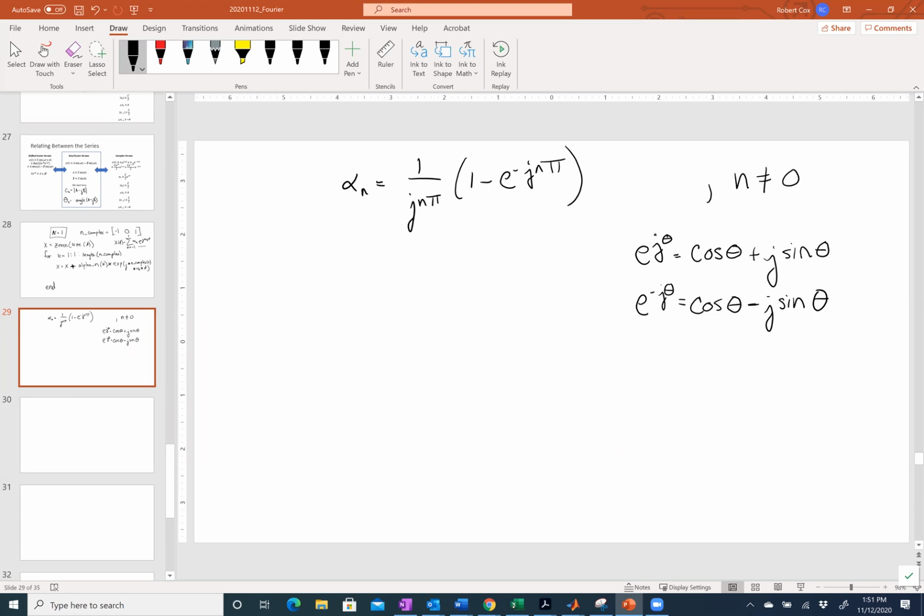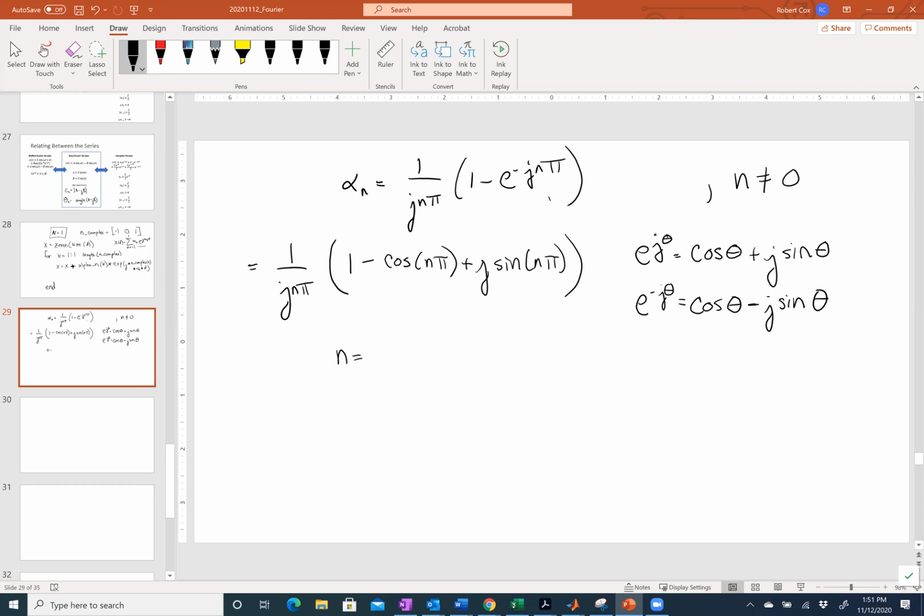So where I ended up the other day is I basically started to apply this here. So I said I got 1 over j n pi times what? 1 minus, I'm going to plug this in here, so 1 minus cosine of n pi plus j sine n pi, like that. All right, so let's think about this guy right here.